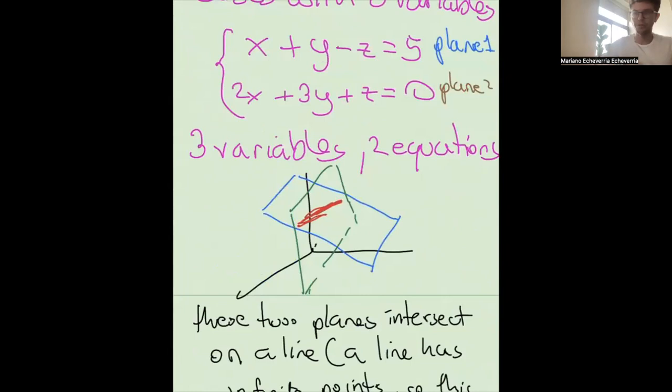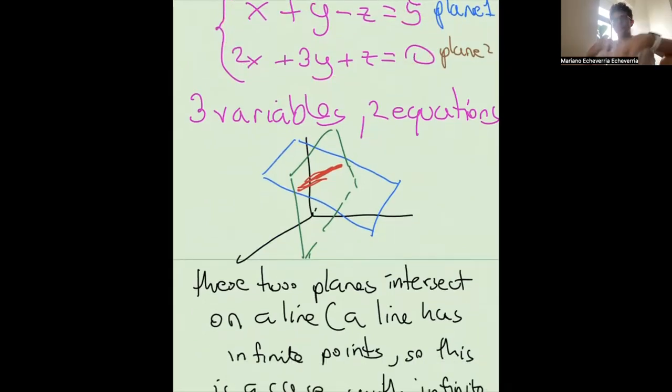Even when you have more variables, like x, y, and z, what you get instead of lines are called planes. And when you have two planes, which you should think about as two pieces of paper, they either intersect in a line, which is what you see here.